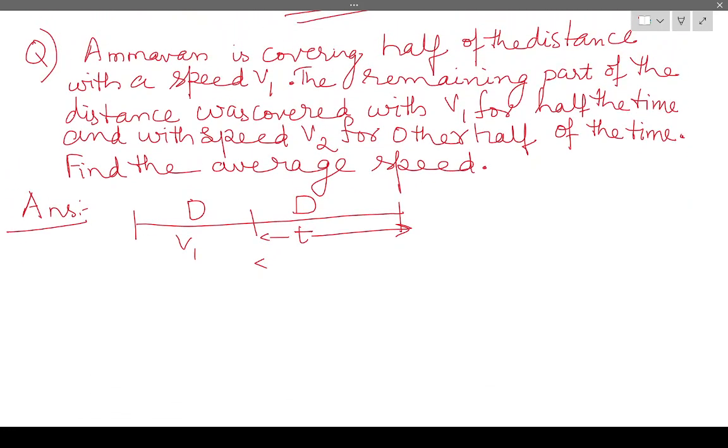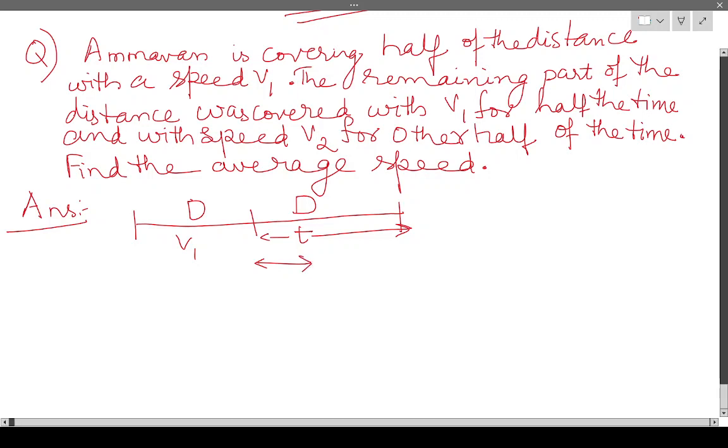Yes or no? So half of this time, it is going to be t by 2 with a speed v1. Next half of the time, it is again another t by 2 with a speed v2.